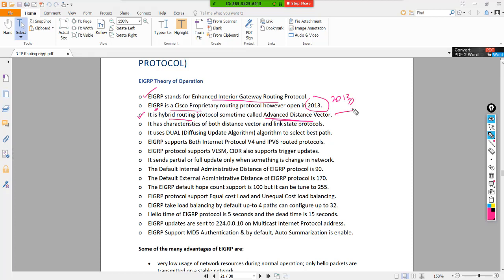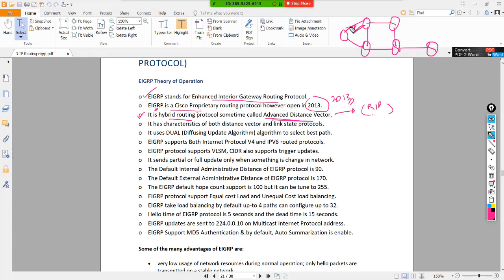One fine example of distance vector which we checked in the previous class was RIP, and the drawback of RIP is it's not going to check the cost, it's just going to check the number of hops. So let's say I have something like this, and let's say this was a serial link.